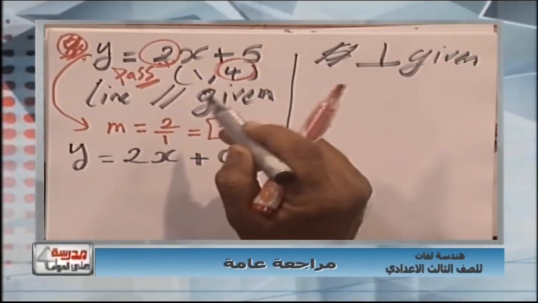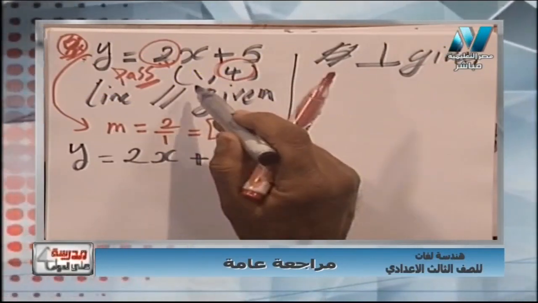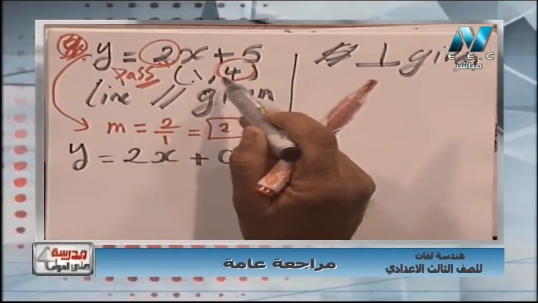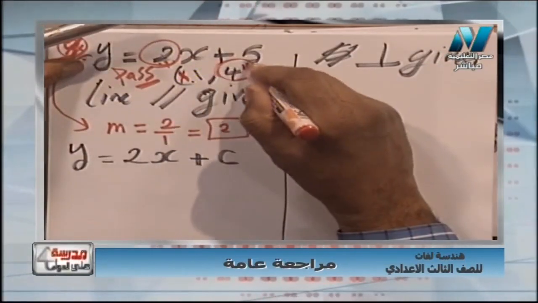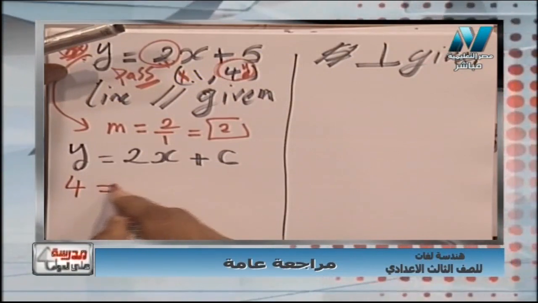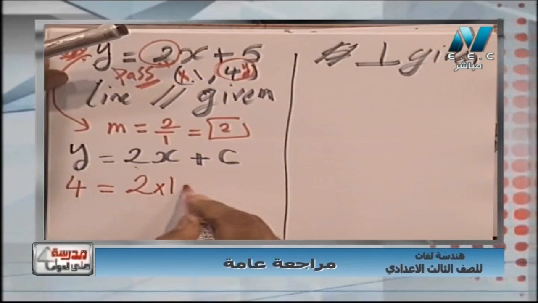C, we can get C, yes. There is another given we can't use till now. Passing 1 and 4. 1 means x, and 4 means y. So we put y equals 4, x equals 1, 2 times x, 2 times 1, plus c.